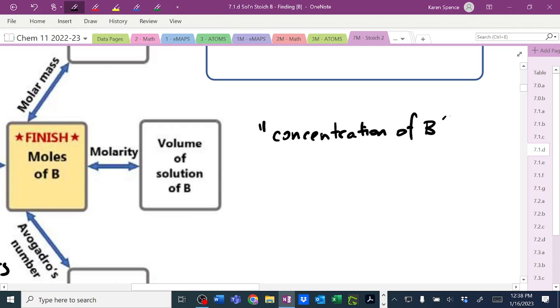What notation would I use? I would use square brackets.